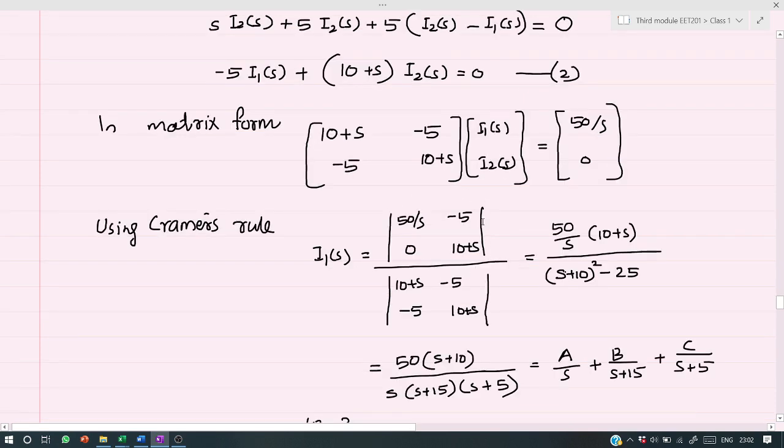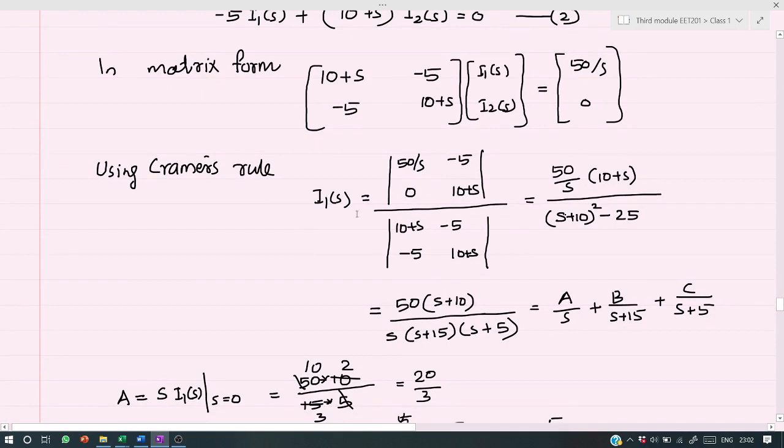So this is delta 1 and this is delta 2. After solving, we can obtain I1 of S as 50 into S plus 10 all divided by S into S plus 15 into S plus 5. This can be solved using partial fraction expansion.